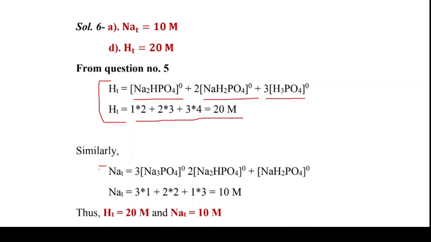Similarly, for Na also, 3 Na3PO4, 2 times Na2HPO4 and NaH2PO4 recipe. Then we got 3 into 1 plus 2 into 2 plus 1 into 3, which is 10 molar. So that is how we got this. Please note it down so that we can move forward to the next question.